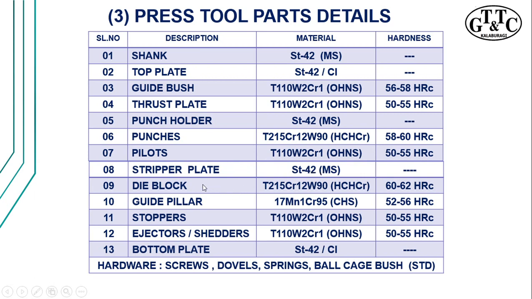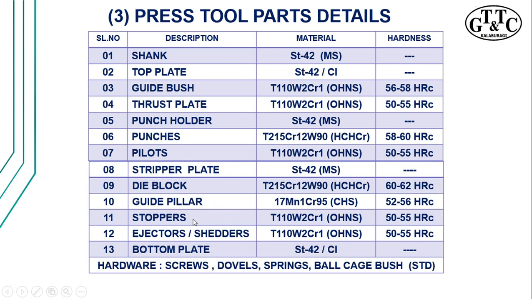Once again, the type of operation performed matters a lot in selection of the material. For a cutting operation it is HCHCR with 60-62 HRC, and for a non-cutting operation it is OHNS with 50-55 HRC. And then guide pillar of case hardening steel with 50-56 HRC.